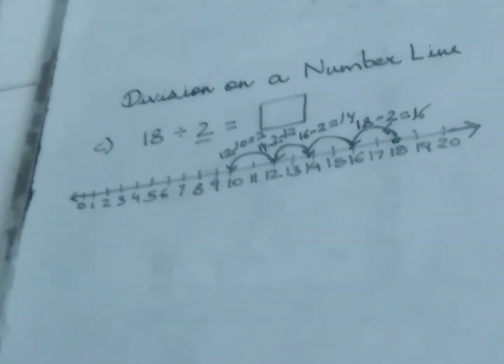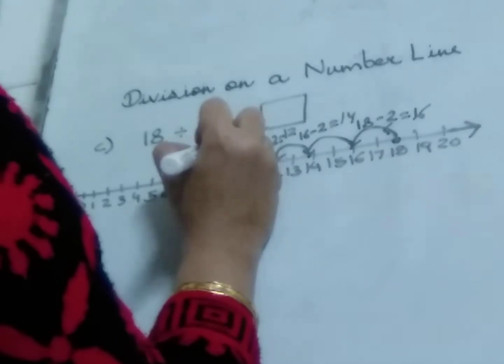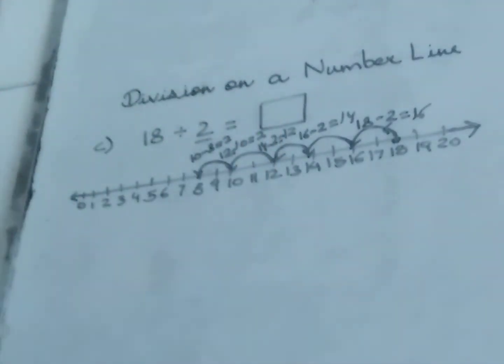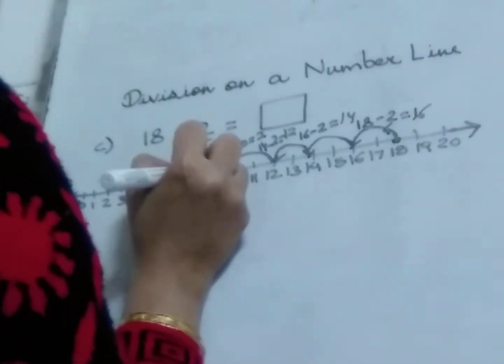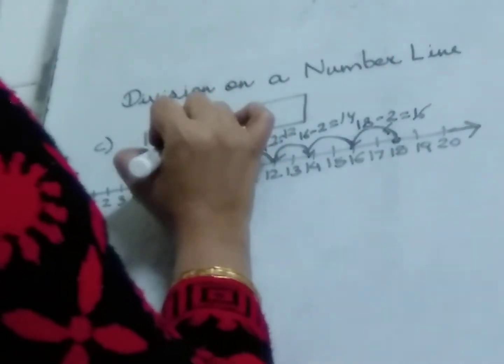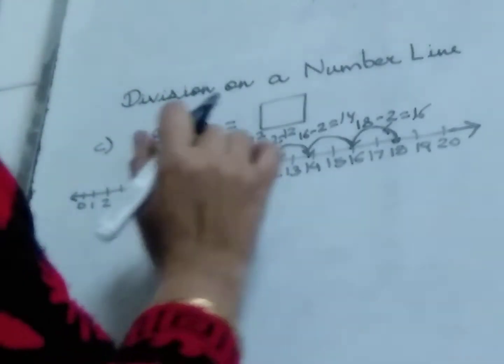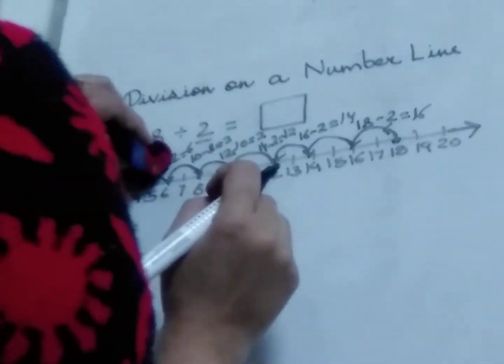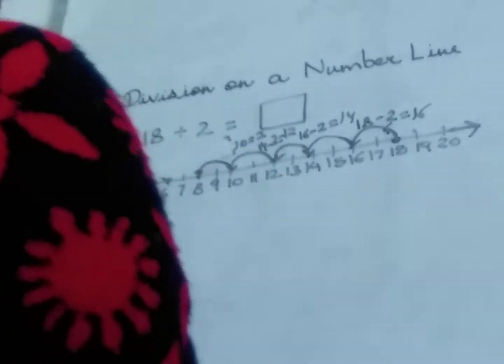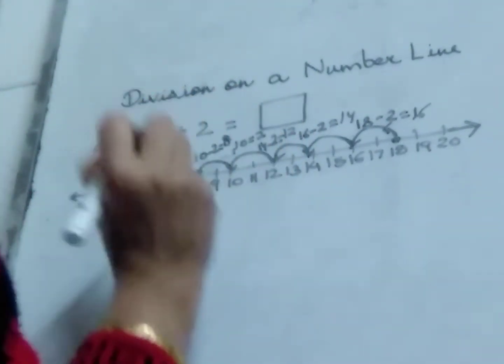This is your fourth step. 10 minus 2, you get 8. This is your fifth step.